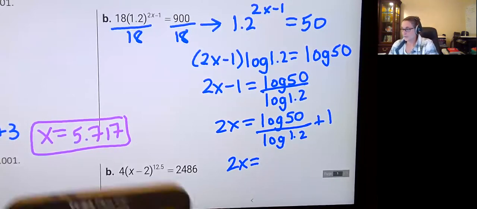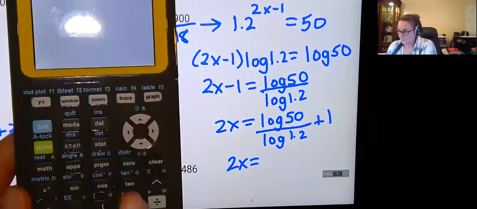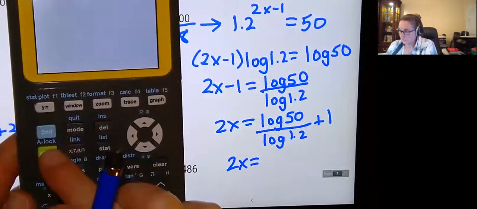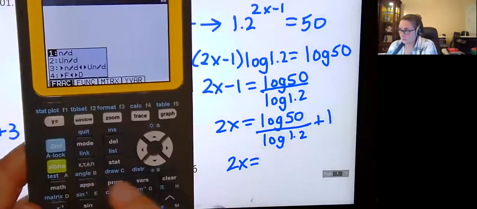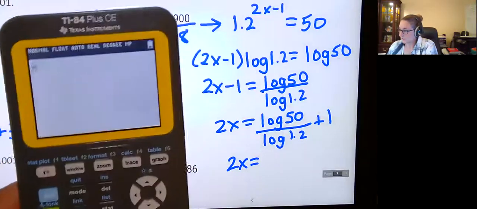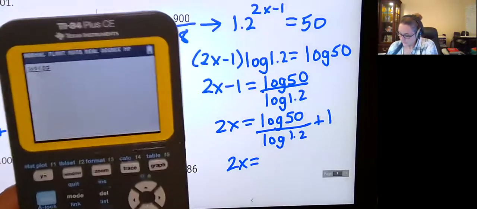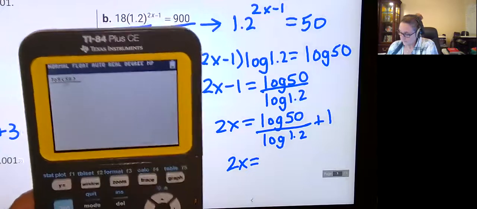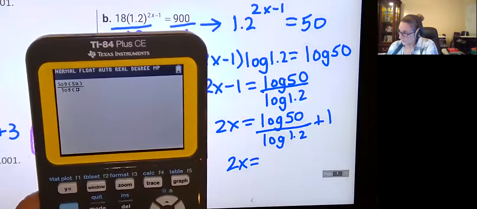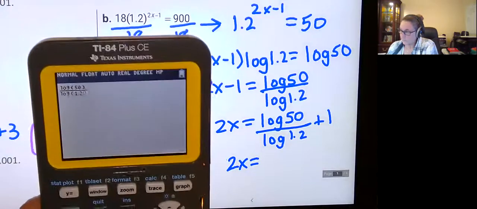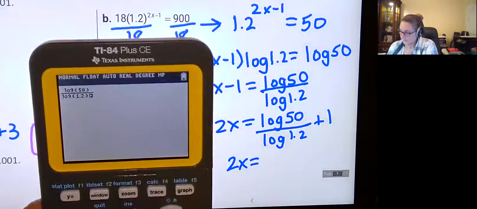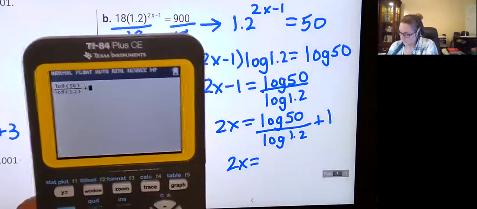So again, I'm going to do alpha y equal, and I want number 1. I'm going to type in log 50 over log of 1.2. I'm going to arrow out, add 1.